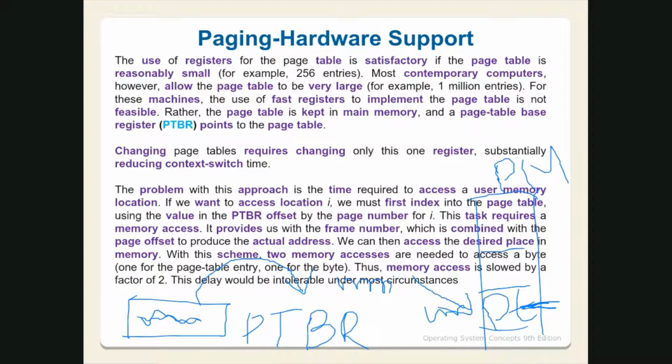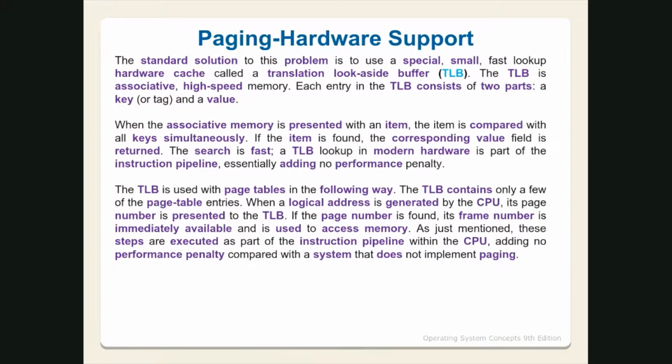It takes more time because you need to take the content of the page table base register, add the offset, and then you get the actual address in the physical memory. That is time consuming. That is the problem associated with this approach. Fine. So is there any other solution? A solution to this problem is, let's go to the next one.